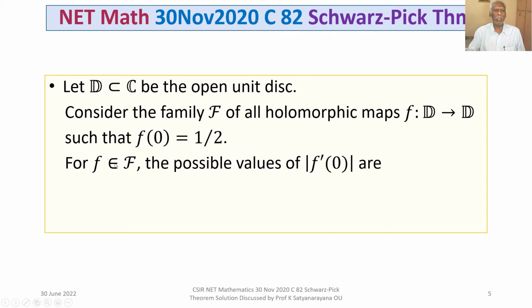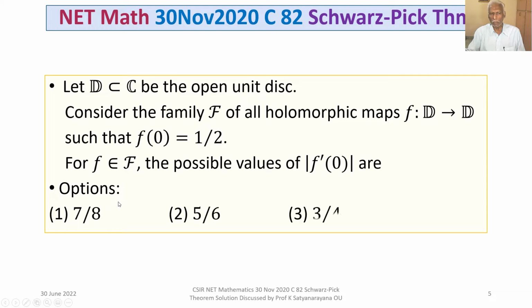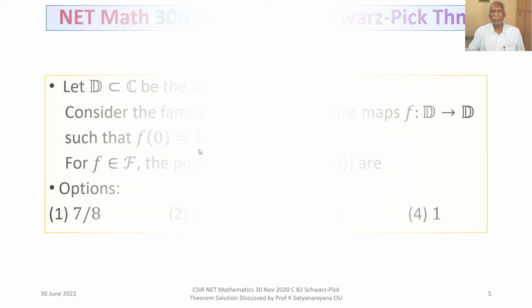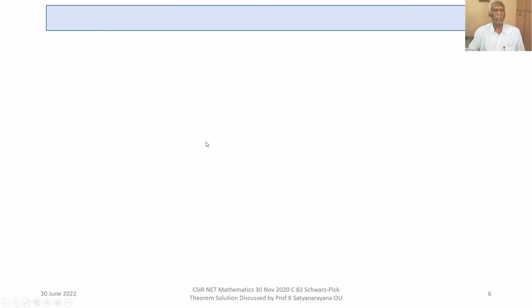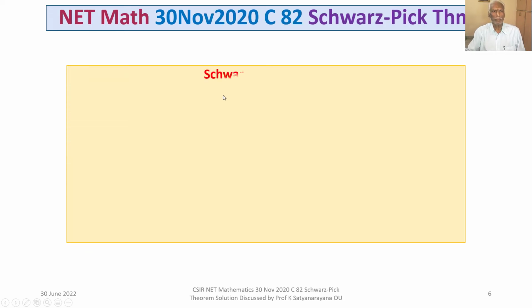For f belongs to the family F, the possible values of mod f prime 0 are, the four options are given to us. Option 1, 7 by 8. Option 2, 5 by 6. Option 3, 3 by 4. Option 4, 1. We now discuss the solution of this problem in detail.